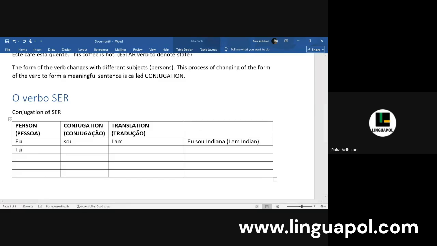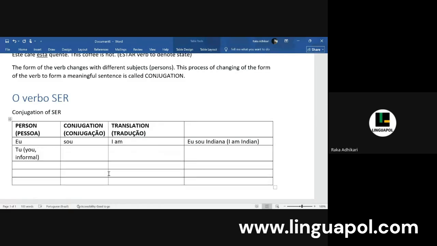The next subject we will take is tu. Tu means you, but informal. Just like in Hindi there is तुम and आप, right? So in Portuguese there is tu, which is informal, it means तुम.